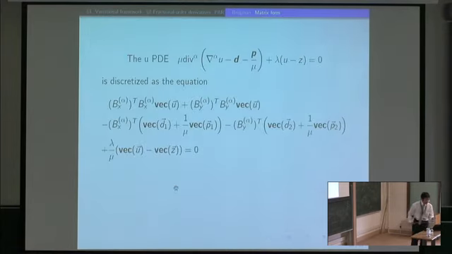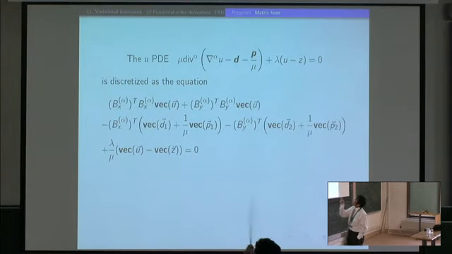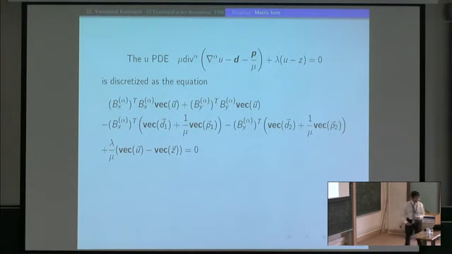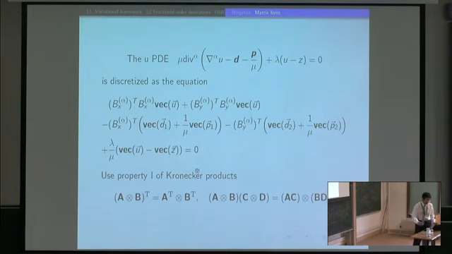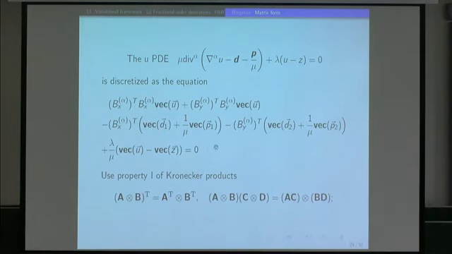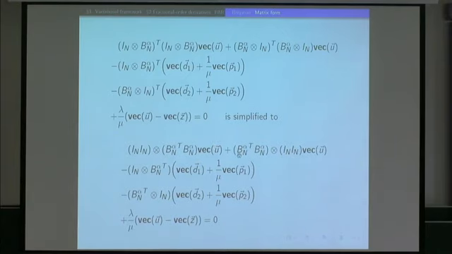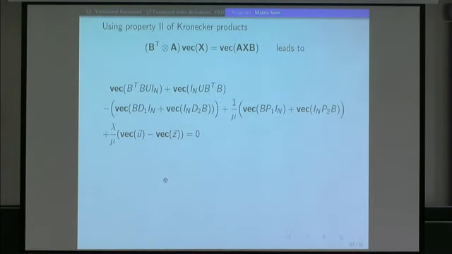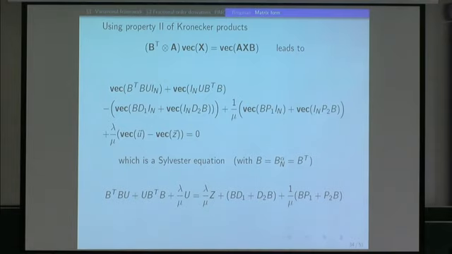If you put all these using finite differences into this formula, you get this sort of equation. Next we rewrite it into a matrix form so that it's very compact, using the Kronecker product properties and so on. Let me show you the final result. You can merge all these things easily, and eventually you get something like this.